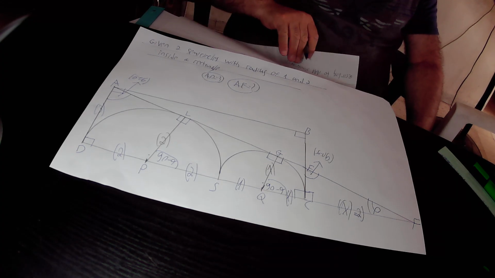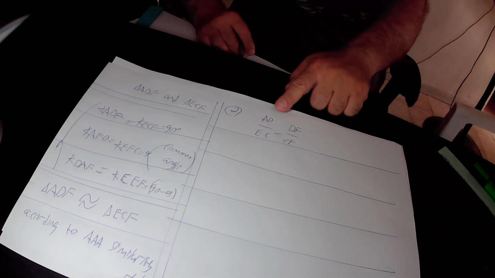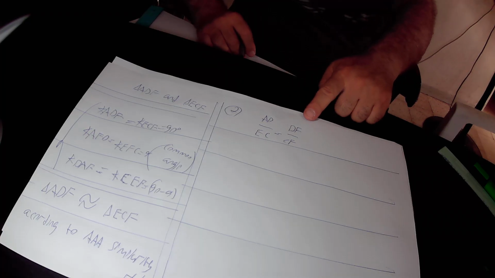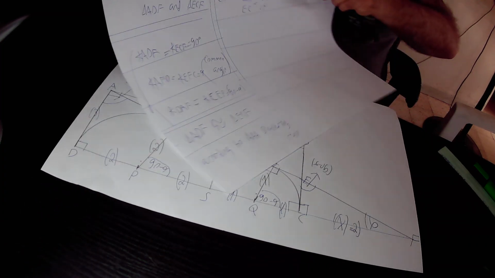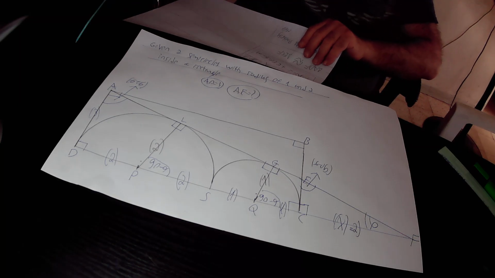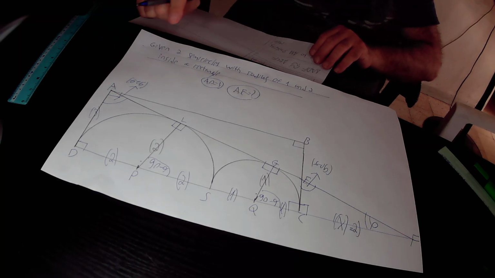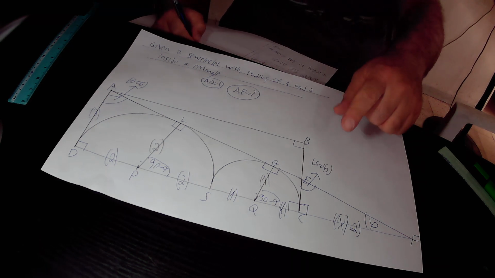So, I'll repeat again. We derive that side AD in the big triangle over side EC in the small triangle equals side DF in the big triangle over side CF in the small triangle. AD equals 4 units in its length according to what is given in the question, over EC.